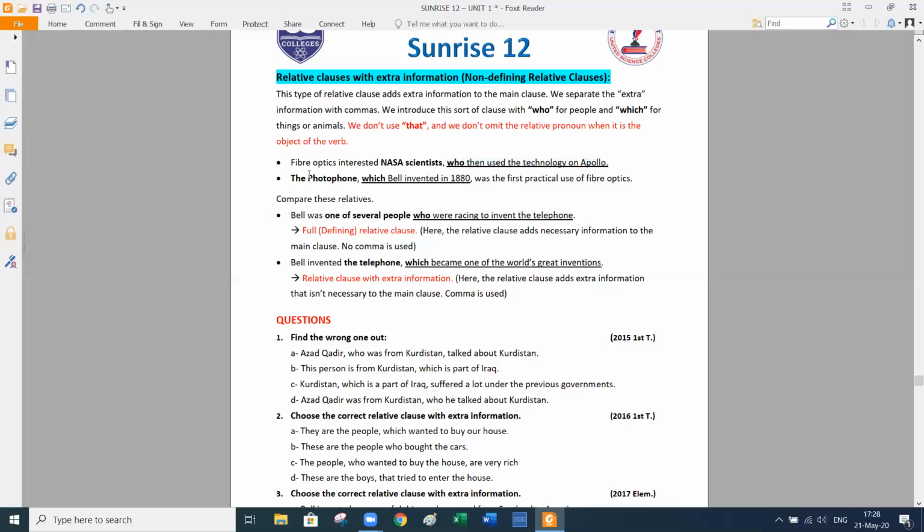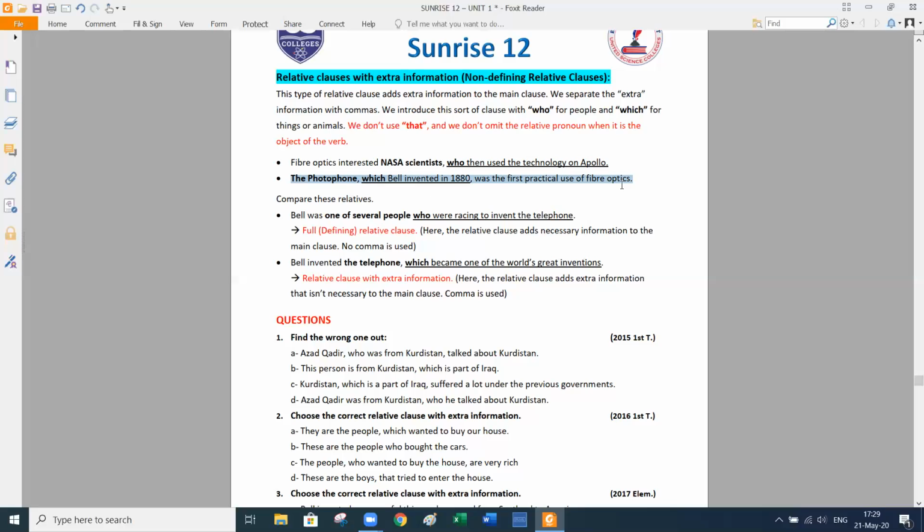The photophone, comma, which Bell invented in 1880, comma, was the first practical use of fiber optics. The main clause here is the photophone was the first practical use of fiber optics.